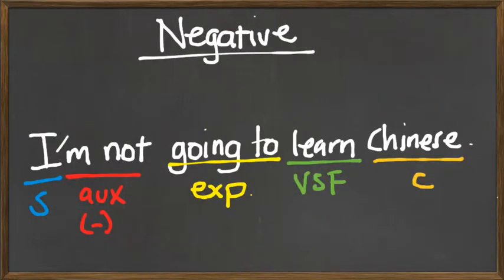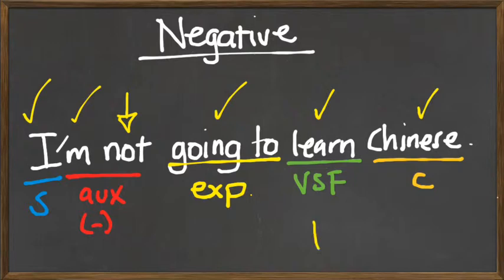And that gives us more information about the idea. The second example is negative, and it is quite simple and easy to identify. We have the example, I'm not going to learn Chinese. We have the elements I, the verb to be in the contraction I'm, and then we have the word that identifies it as a negative sentence, not, and then we have our expression for the future, verb in simple form, always after going to, and Chinese, which is our complement.